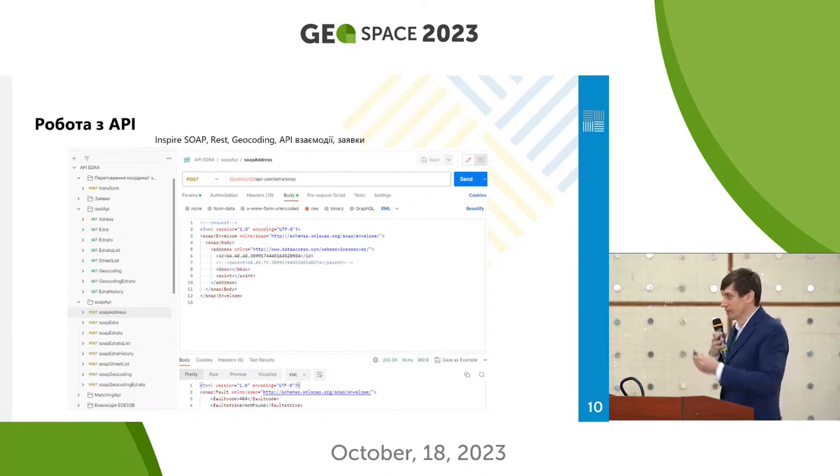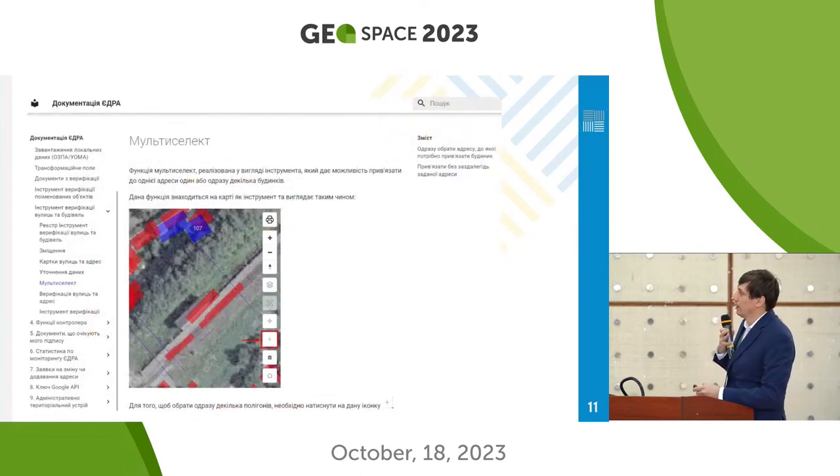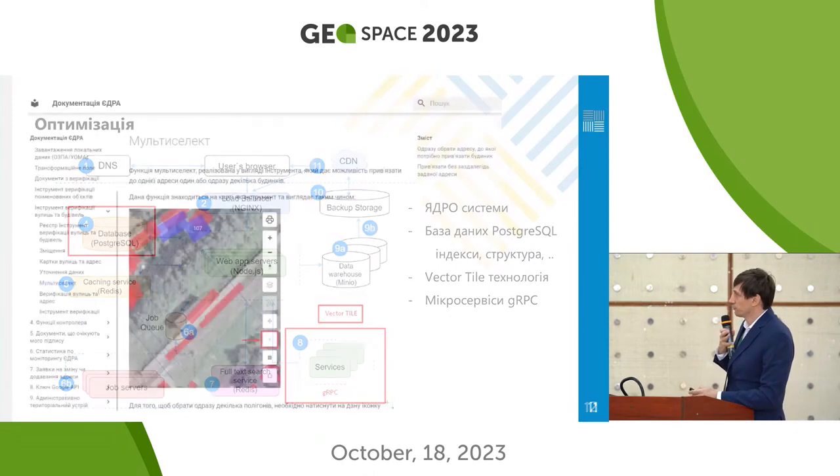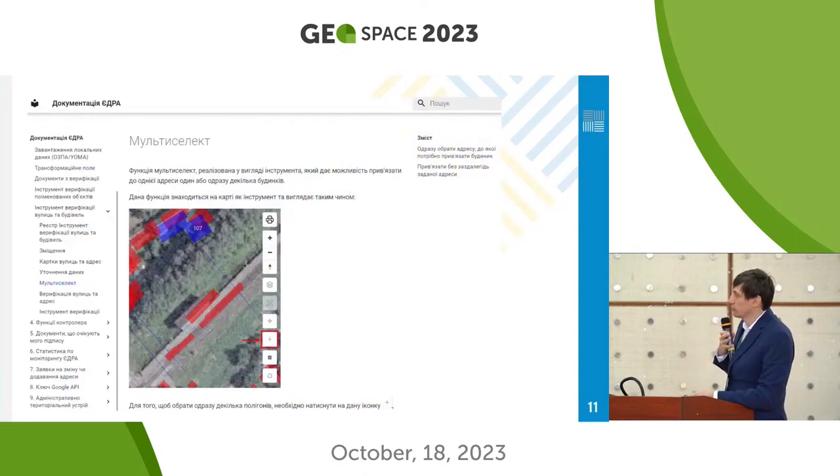What I showed you by way of example for verification was related to the city of Lutsk in Ukraine. There were a lot of very interesting situations as we carried out that exercise. You can see a complete set of documents for a system.